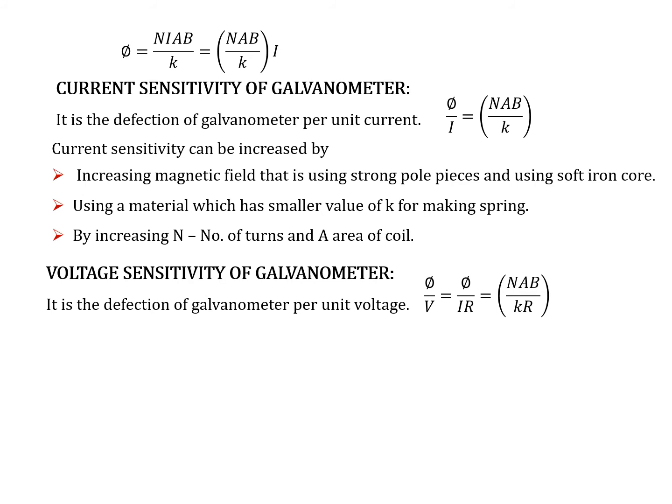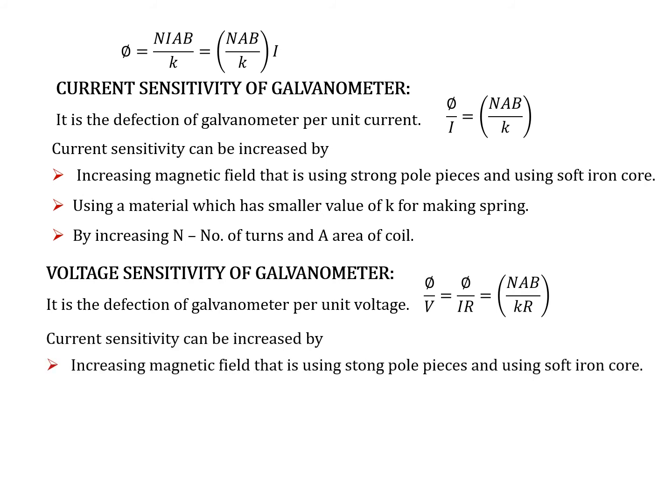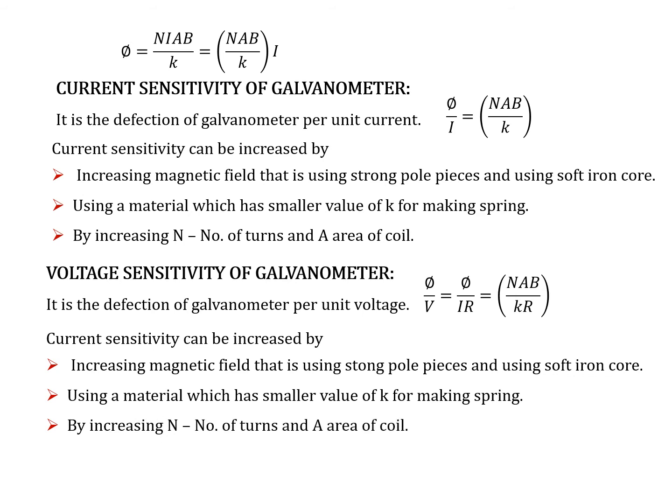And just as current sensitivity, voltage sensitivity can also be increased by increasing the magnetic field, that is, using strong pole pieces and a soft iron core. It can be increased by decreasing the value of K using a spring made of a material which has a smaller value of K, and by increasing the number of turns and area of the coil.